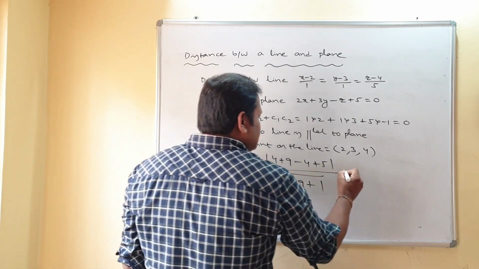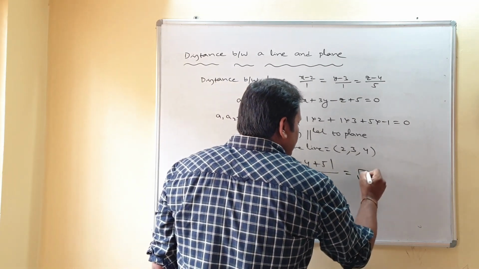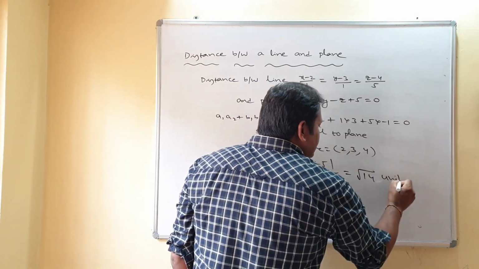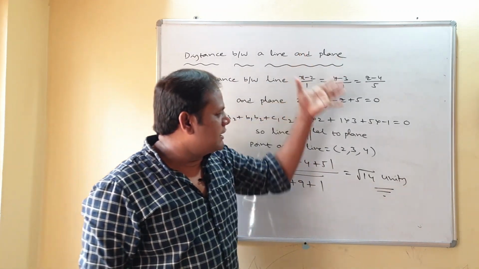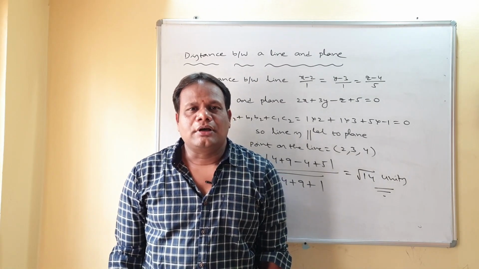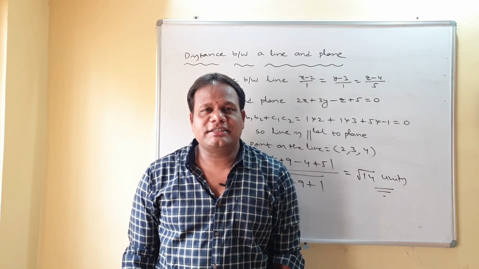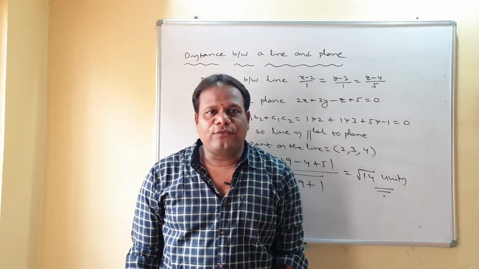So 9 plus 5, 14 by root 14. So 14 by root 14 is root 14 units. So the distance between line and plane is root 14 units.